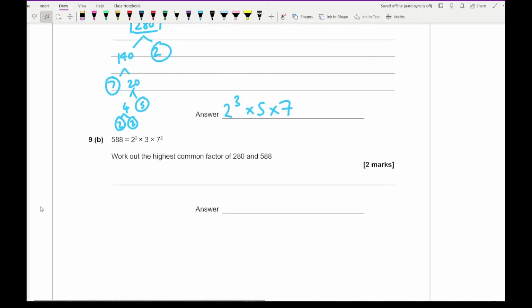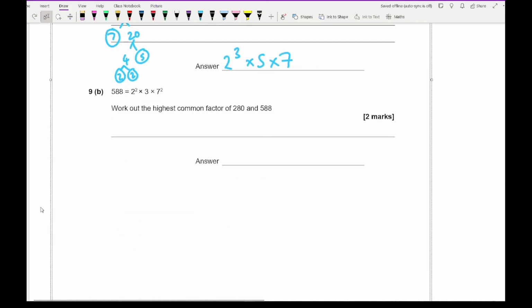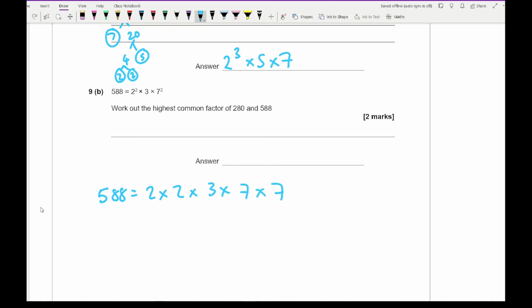Let's move on to question 9b, which I believe is our last question. It says 588 equals 2 squared times 3 times 7 squared. Work out the highest common factor of 280 and 588. So here, if I write down 588, which is 2 times 2 times 3 times 7 times 7, and we've already done 280, as 2 times 2 times 2 times 5 times 7.